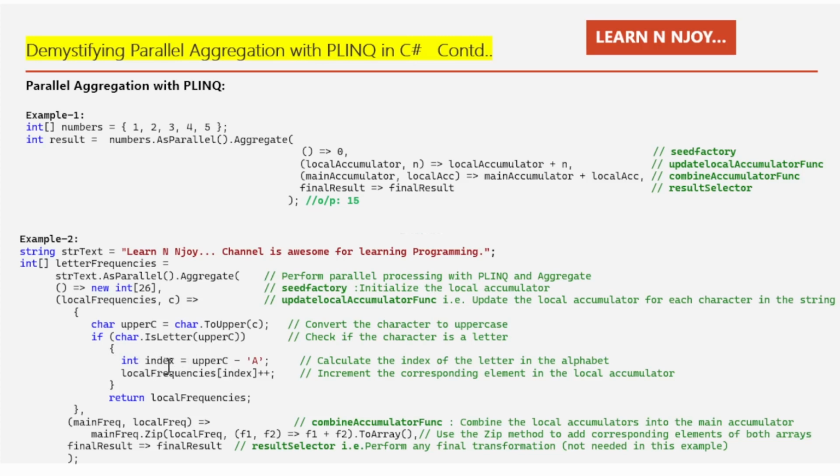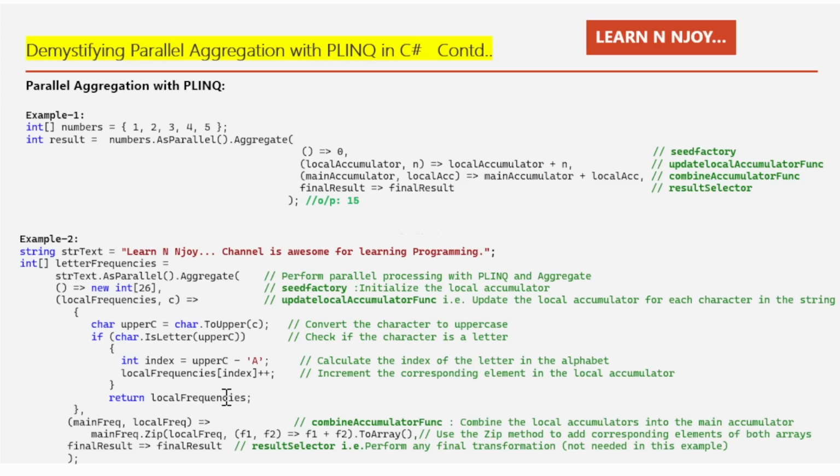That's what I have written, int index is equal to upper minus capital A, and then localFrequency[index]++. So basically with this statement, I am incrementing the corresponding element in the local accumulator. And finally, I am returning this local frequency that we have filled up using this update local accumulator function.